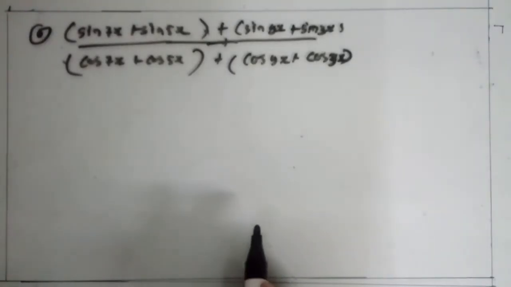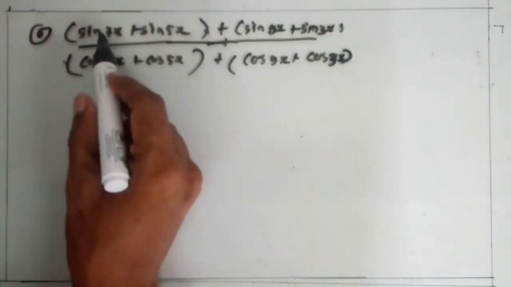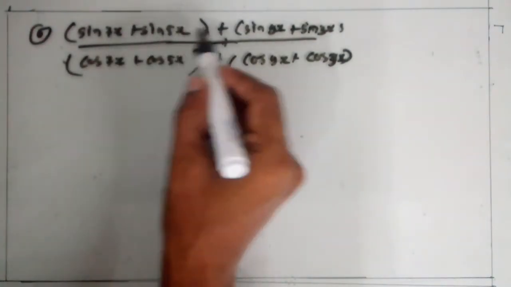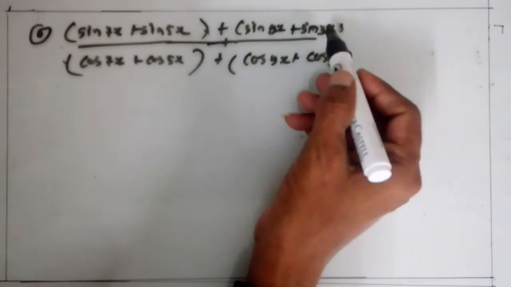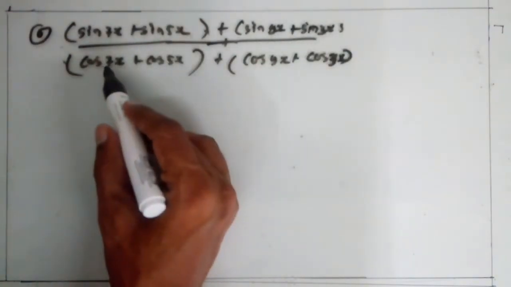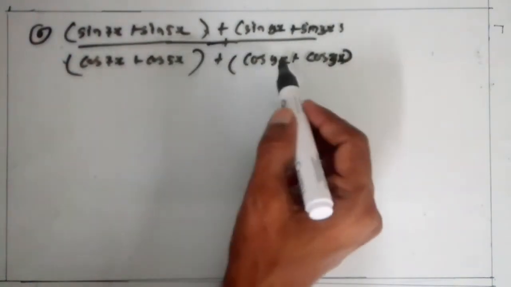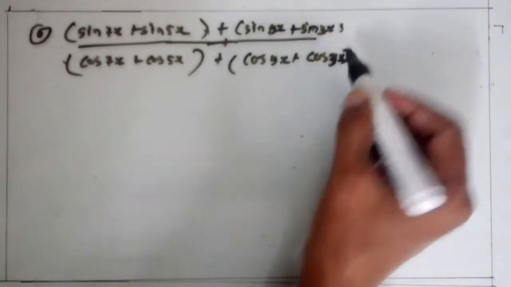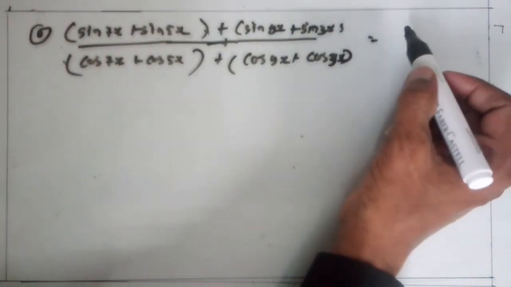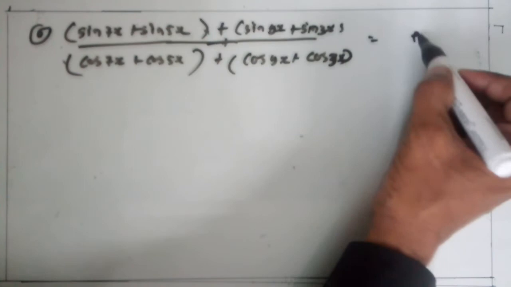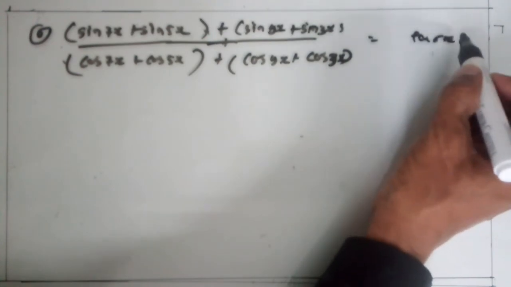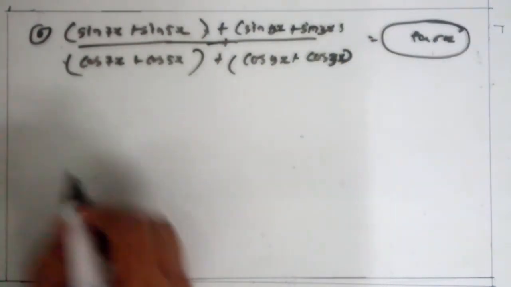Now question number 6. Prove that (sin 7x plus sin 5x plus sin 9x plus sin 3x) upon (cos 7x plus cos 5x plus cos 9x plus cos 3x) is equal to tan 6x. Prove that tan 6x. Clear? Prove.